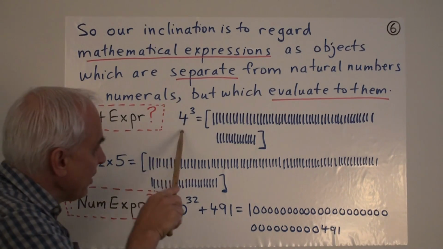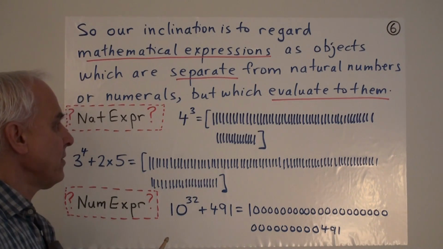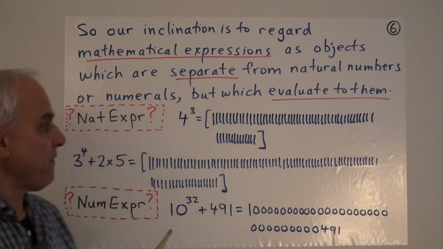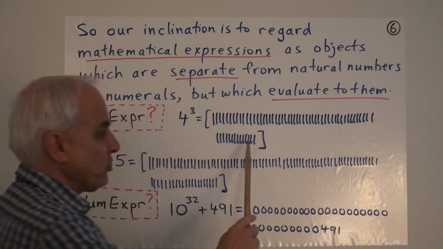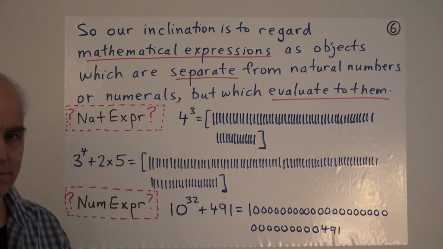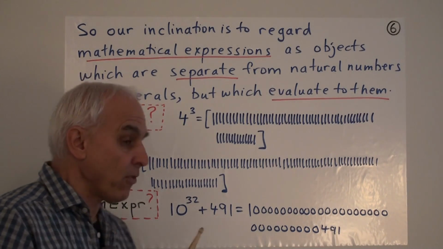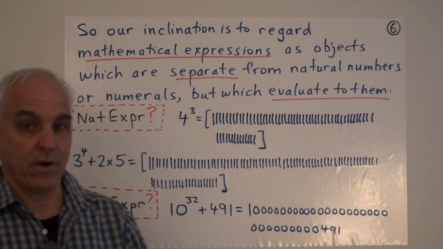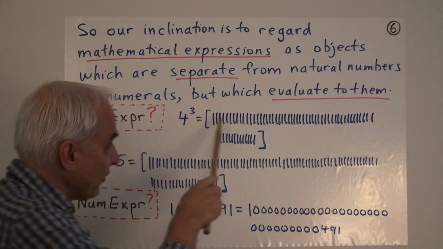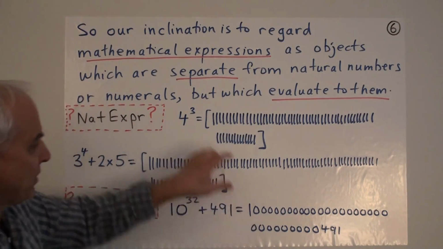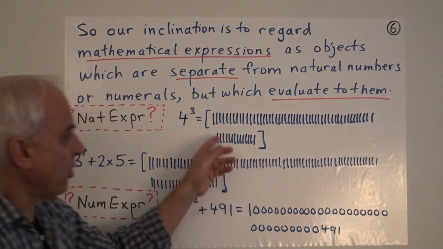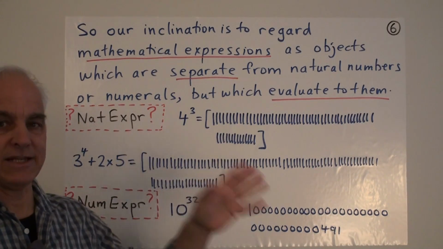And we can regard this as a shortcut for this primitive natural number. All right, so 4 cubed is 4 times 4 times 4. That's 64. And there are 64 little strokes here. So this is the primitive natural number that in Hindu-Arabic form we would say is 64.